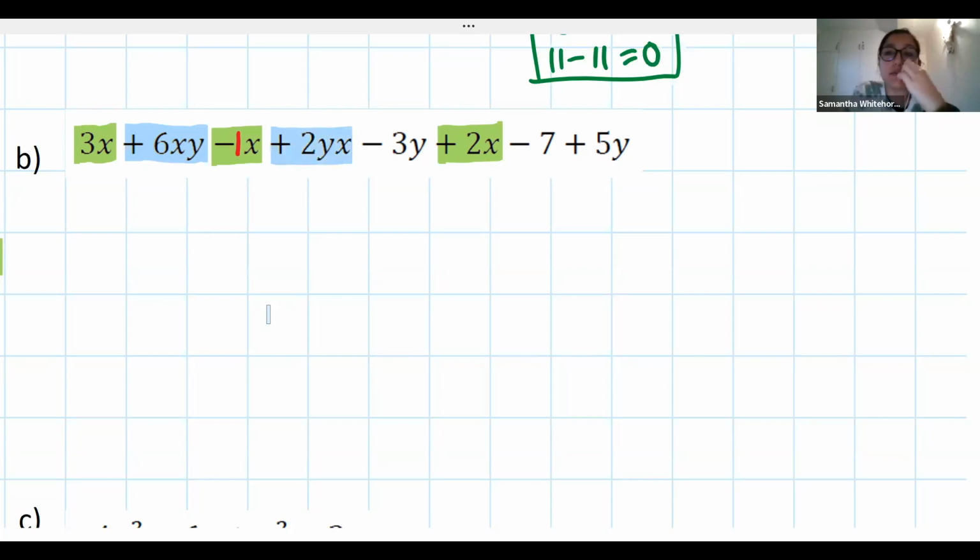The reason is that we are multiplying 2 times x times y, and order of multiplication doesn't matter. If you say 3 times 2, you get 6. If you say 2 times 3, you still get 6. So the order of the letters isn't important. What is important is that it contains the same letters with the same exponents. And we'll get to exponents in a second.